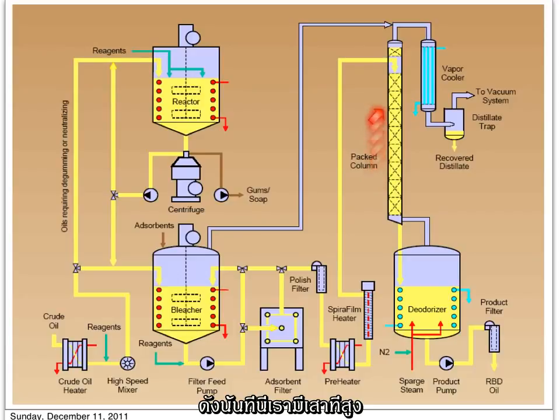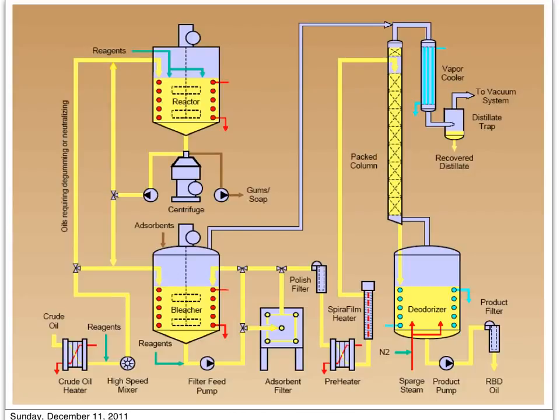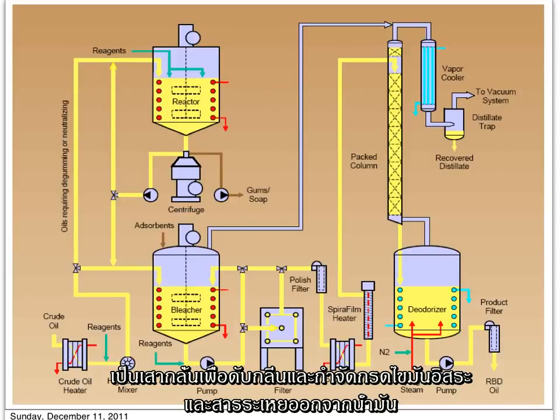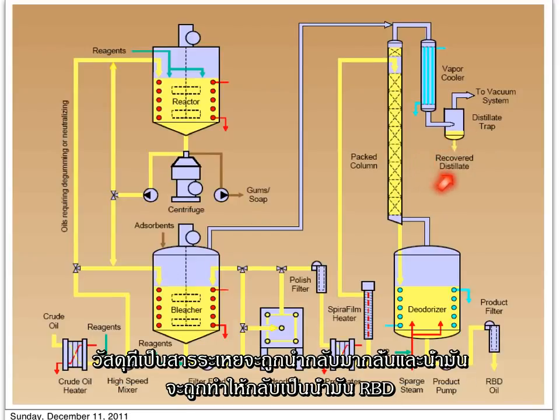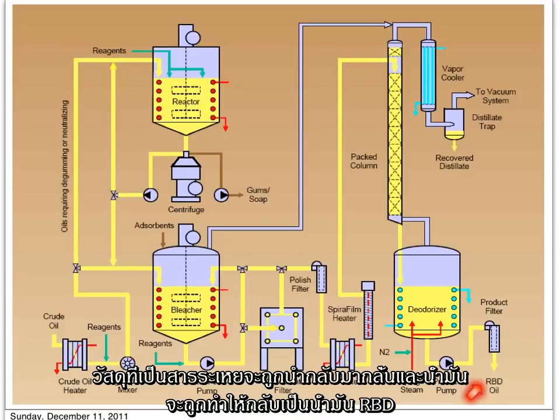So here we have a high pack column, which is the distillation column, to deodorize and to remove the free fatty acids and the volatiles from the oil, and the volatile material will be recovered as distillate, and the oil will be recovered as RBD oil, which is refined, bleached, deodorized oil.